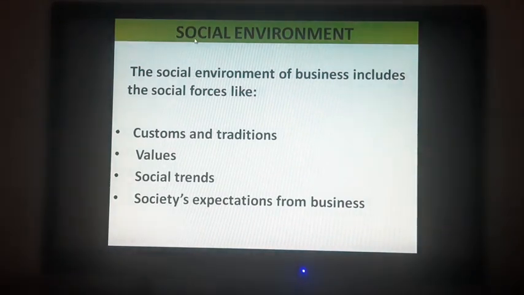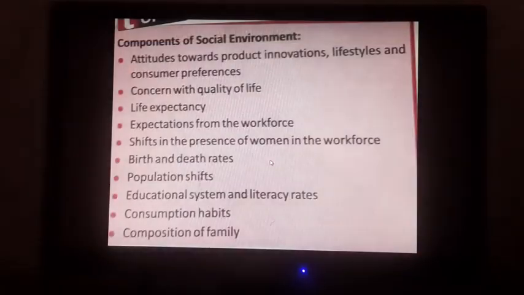Now next comes the social environment. Some of the factors related to this environment are customs and traditions, values, social trends, and society's expectation from business. These are some of the examples.